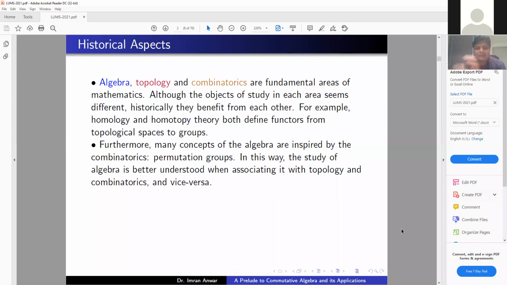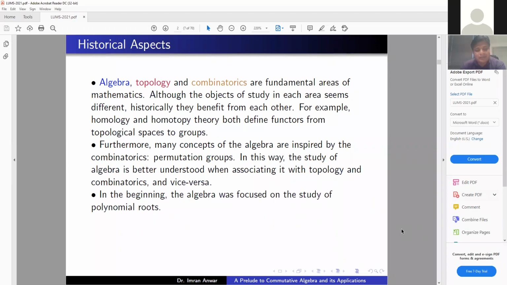In this way, the study of algebra is better understood with the help of the permutation group when associating it with topology and combinatorics and vice versa. One can say that the permutation group plays the role of a bridge between these areas. In the beginning, algebra was focused on finding polynomial roots.